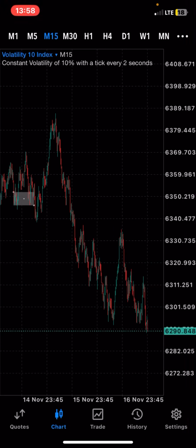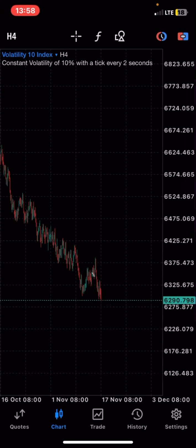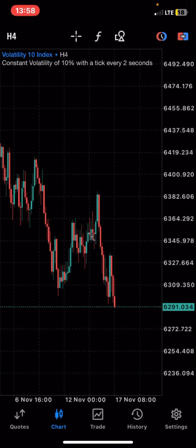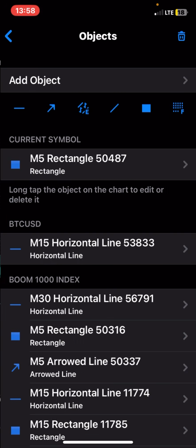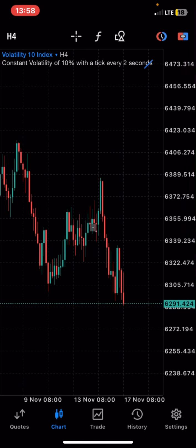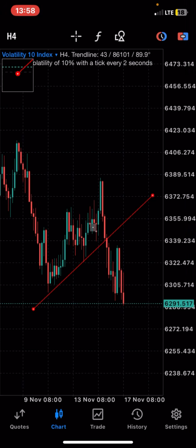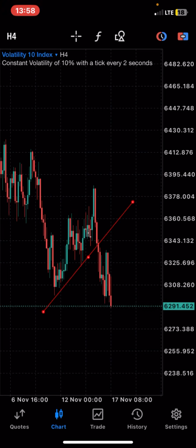Now, if we go into the higher time frames, what could we see on the higher time frames? We were downtrending because of this breakout over here. So price was already breaking out.